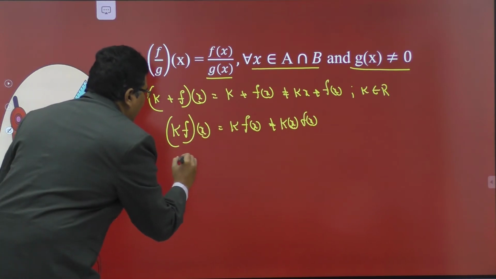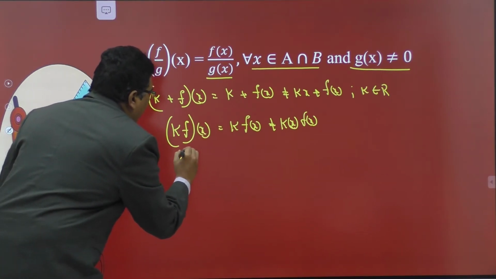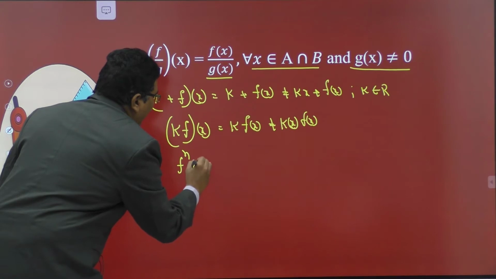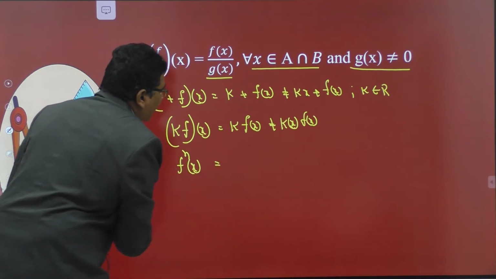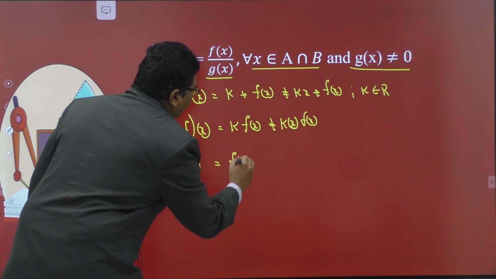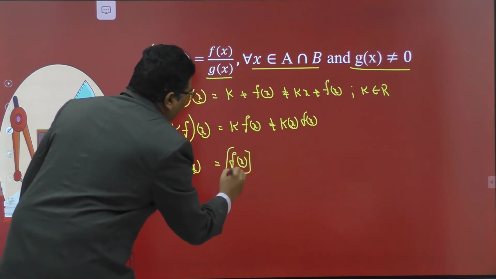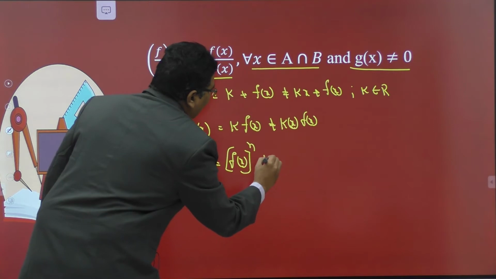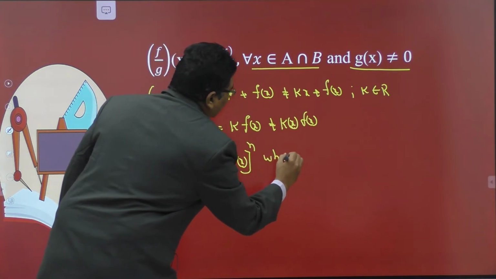Now, f power n of x can be defined as f(x) whole power n, where n belongs to Z.